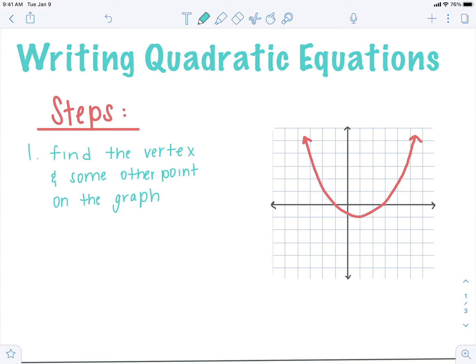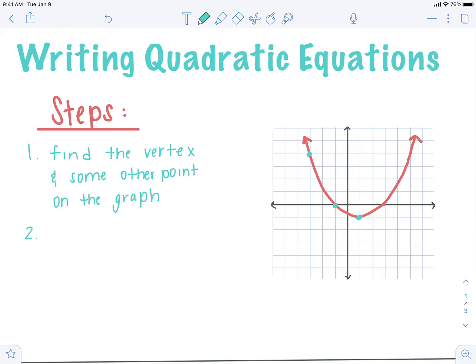So I'm going to use my vertex, and then points in nice places on the graph that go right through intersections. You may have noticed on your last classwork that some of the graphs pinpointed specifically which points they wanted you to use, the prettier points with nice whole numbers. So you always want to pick points that are whole numbers just to make your calculation a little bit easier.